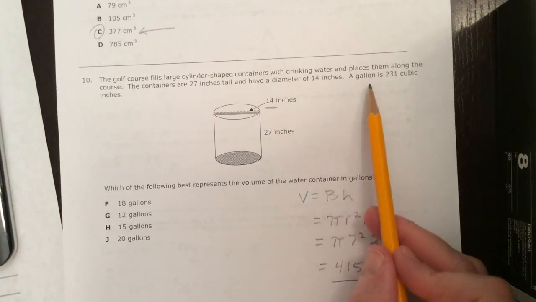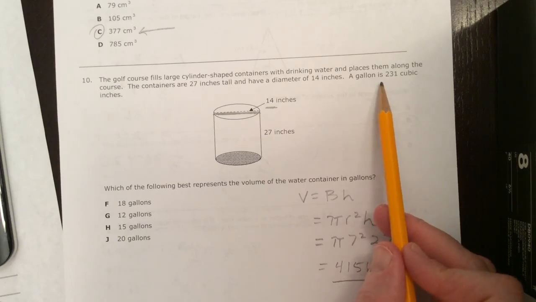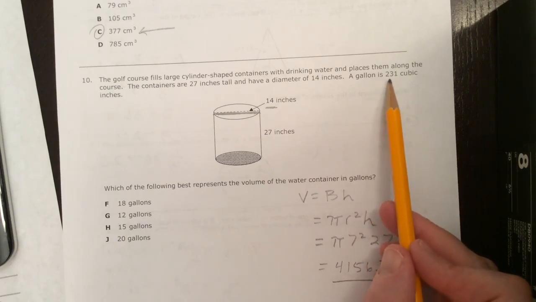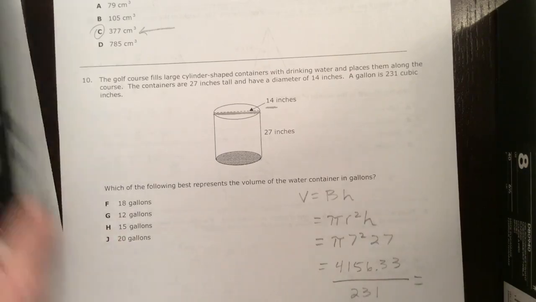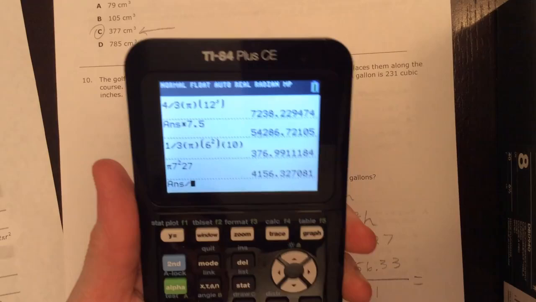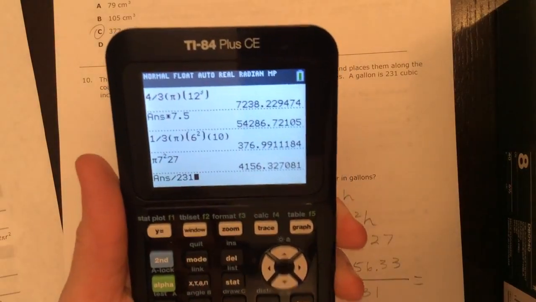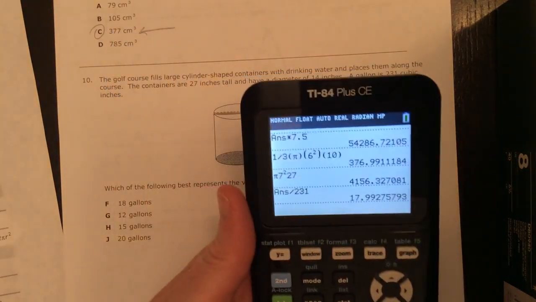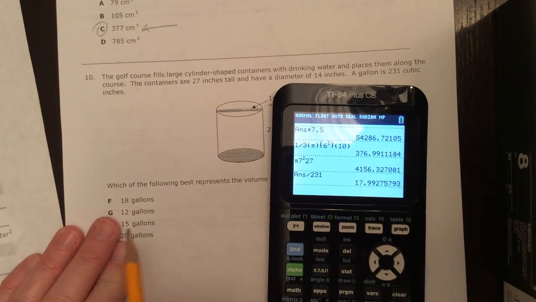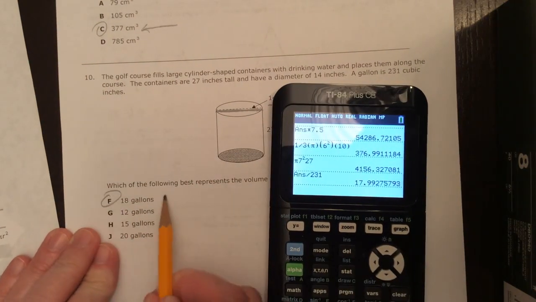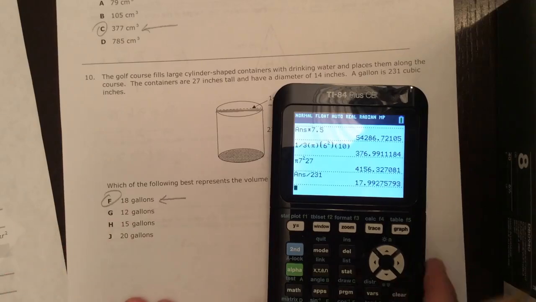What we need to do here is we need to divide by the gallons. So our answer divided by 231 is going to be 17.99, which rounds up to 18. The answer to number 10 and the final answer is F.